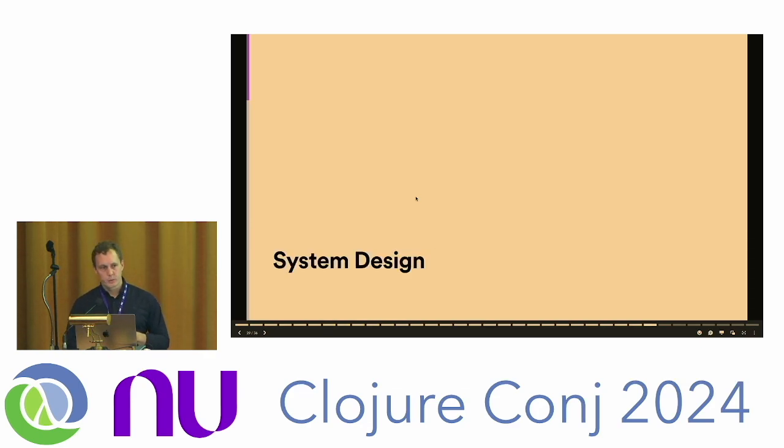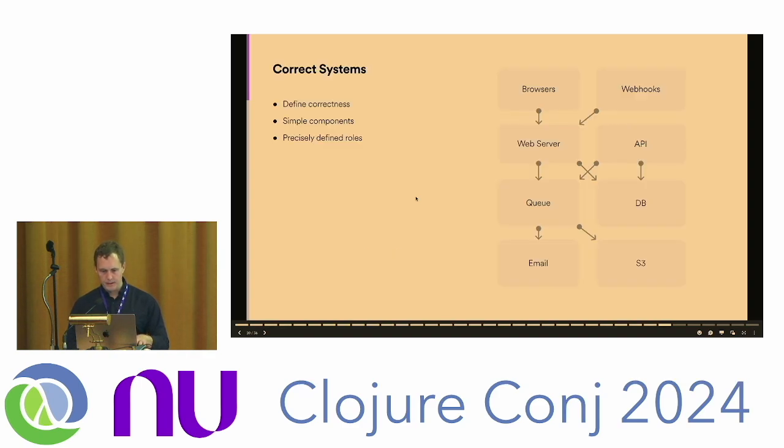So what are the lessons we can learn about system design from getting to these kinds of pure system tests? This is going to sound insultingly obvious, but I promise most people don't do it most of the time, which is define the correctness for your system. People think, oh, I'm in this business, and therefore users want X. Yeah, but you need to turn that into a detailed requirement.